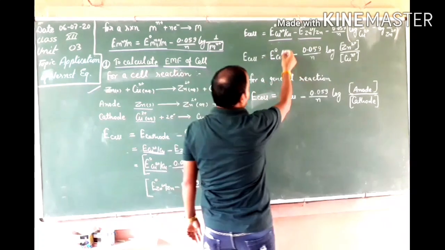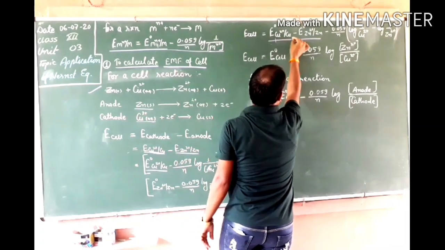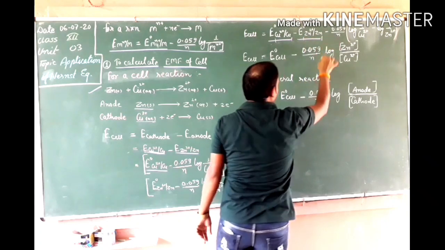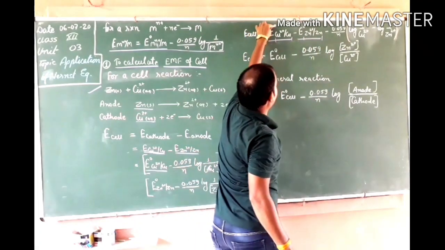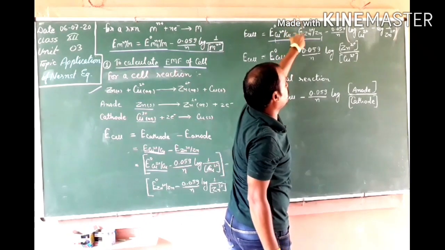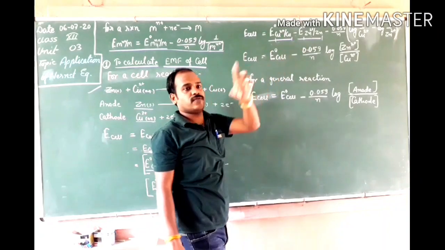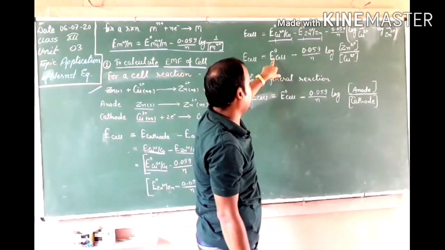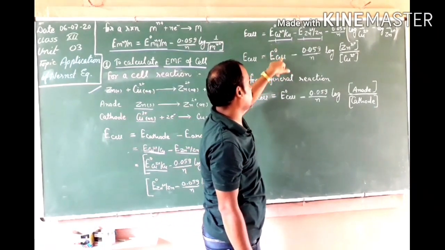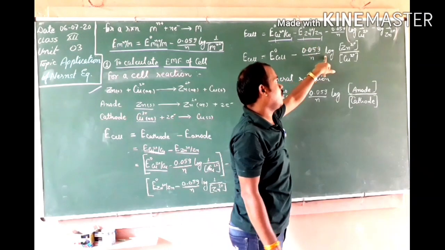So let's solve it. As you know, this one is the cathode and this one is the anode. The standard electrode potential of cathode minus the standard electrode potential of anode is equal to the standard electrode potential of the cell, so we write it as E0 cell minus 0.059 by n log.